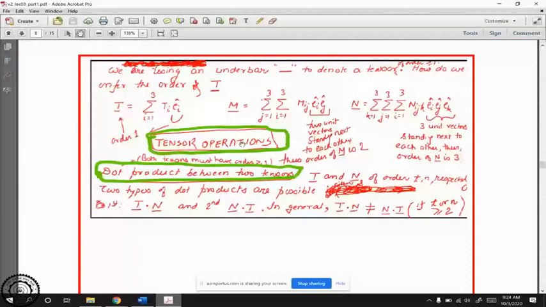So 2 vectors, when they dot with each other, reduce their order, they become a scalar. Similarly, we are aware of another operation called the cross product of vectors, and we know that when 2 vectors cross with each other, the result is a vector. So its order is maintained to be the same.